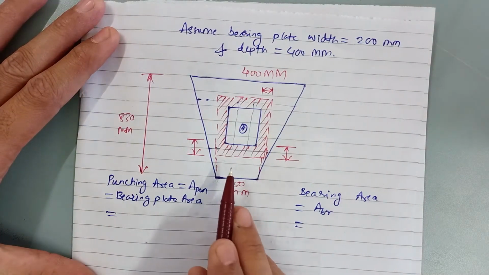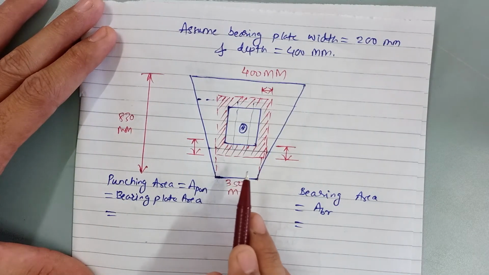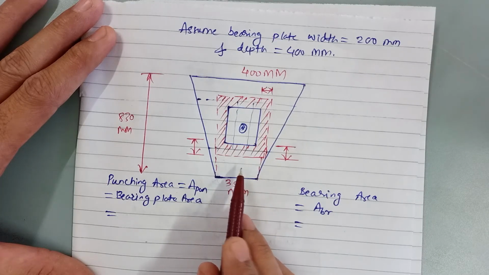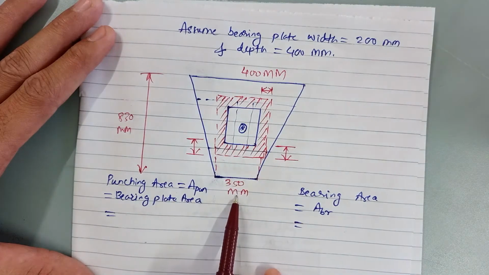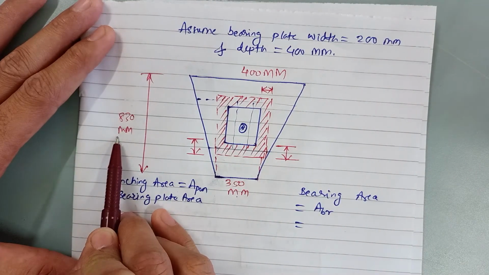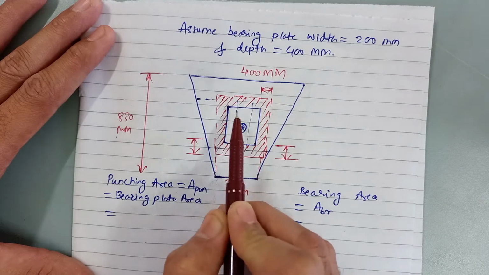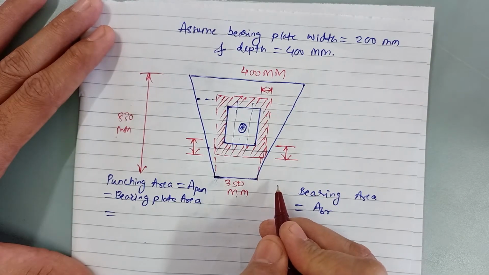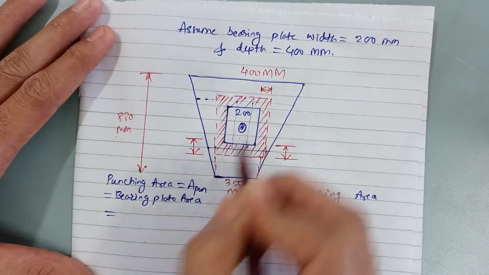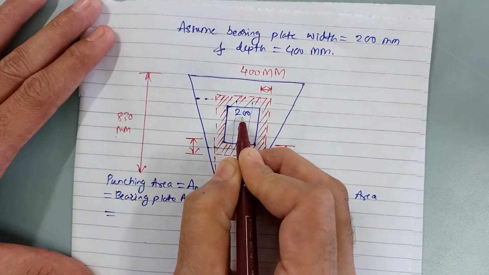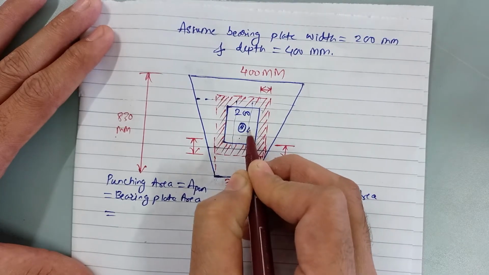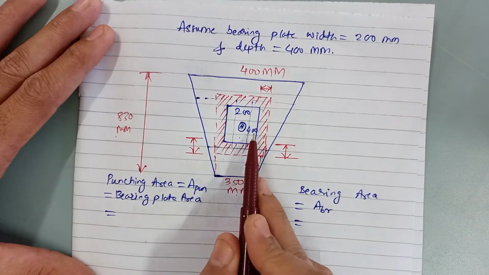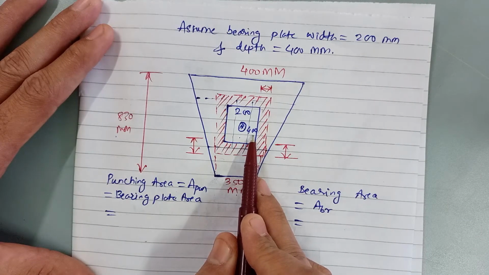Let us have a view toward this figure. This is our end section, that is end of the beam. Top flange width 400 mm, bottom flange width 350 mm, overall depth 830 mm. This is our bearing plate area. This blue square is nothing but the bearing plate area. And we have assumed the width of the bearing plate as 200 mm and depth as 400 mm.